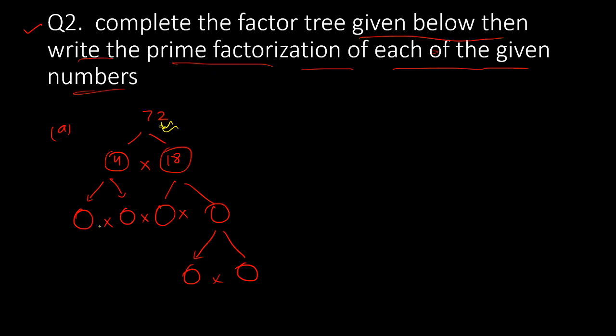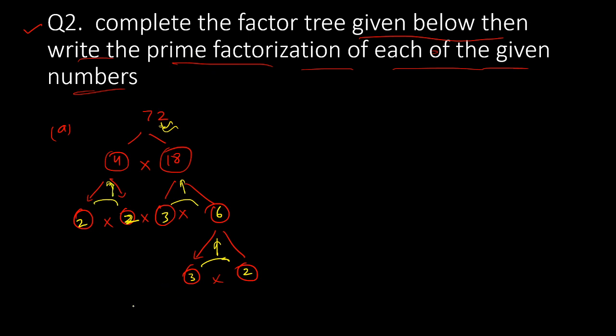You can fill in here 2 into 2, because 2 into 2 is 4. So fill 2 and 2 here, and then 6 threes are 18, so 3 into 6. Now for 6 we can write 3 twos are 6, so 3 into 2. As you can see here, 3 twos are 6, 6 threes are 18, and 2 twos are 4.